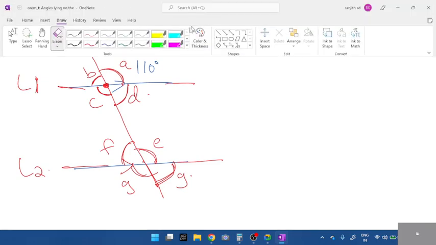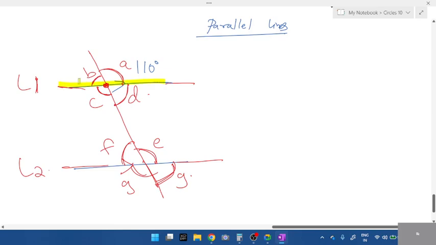Look here, if I place a protractor here, don't you think A, B are in a straight line? If A is 110, how much is angle B, student? If this is 110, 180 minus 110 is 70.